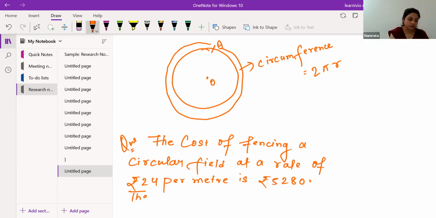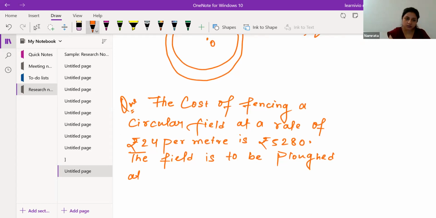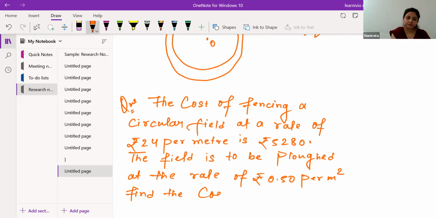The field is to be plotted at ₹0.50 per meter square. Find the cost of plotting the field.